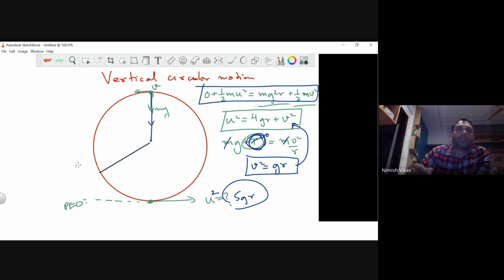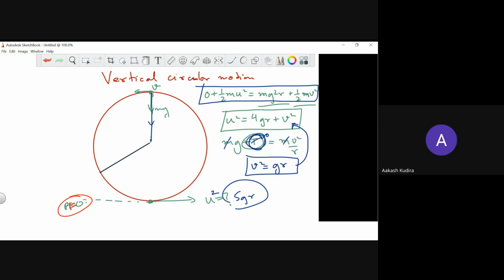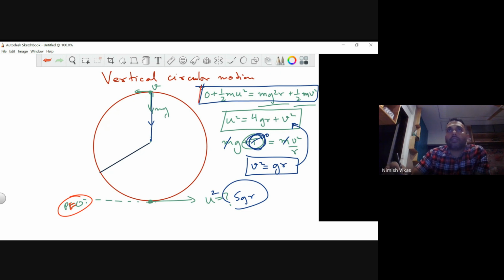And don't be convinced that, yeah, I know that equation. Say it properly. This is the bottom point. So potential energy is 0, and then half mu square is because of the velocity. Yes, so this is the total energy, potential plus kinetic, at the bottom point.